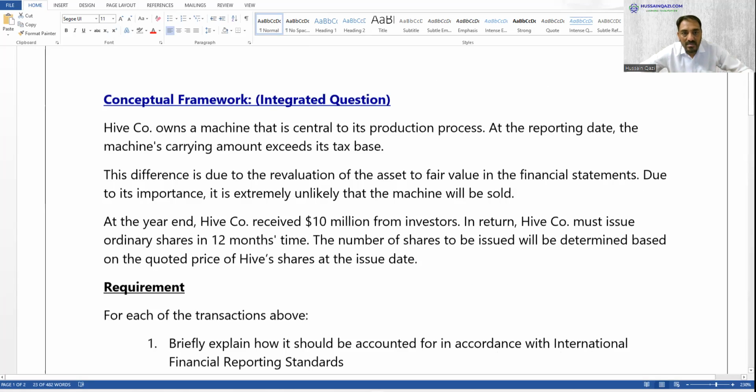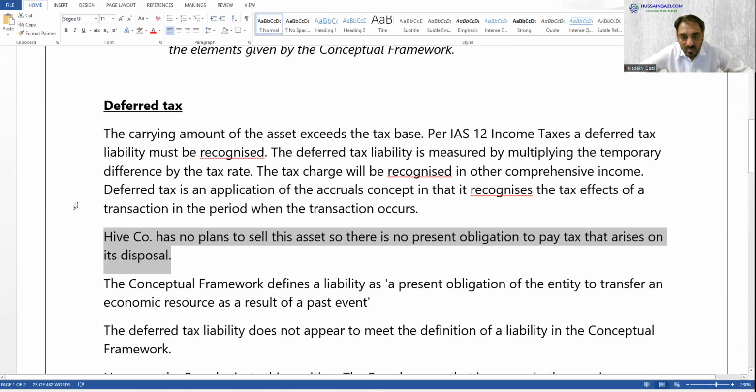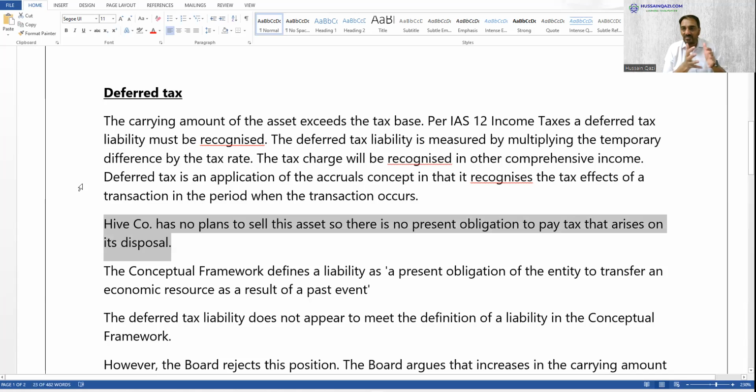If we record the deferred tax liability for the fair value adjustment, the fair value adjustment is made here, and we are recognizing the deferred tax liability, but there is a question. We are reporting a deferred tax liability on the scenario that whenever the asset is sold, we will pay that tax.